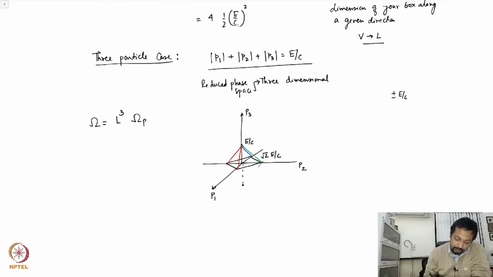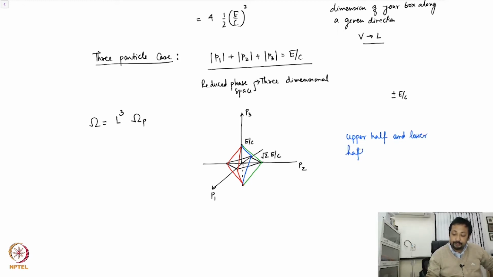Similarly, this joins this, this one comes over here, you have this one, and you have this one. Well, it doesn't look symmetric in the figure, but you know that both the upper half and lower half have equal volumes.